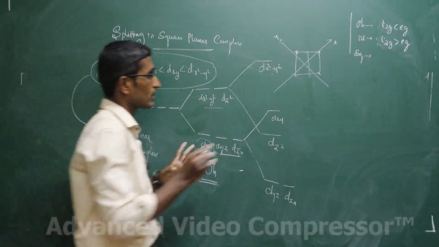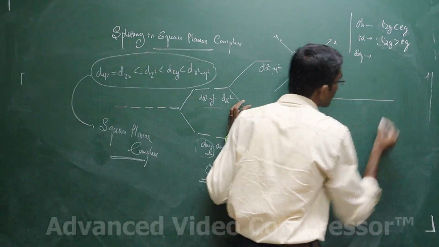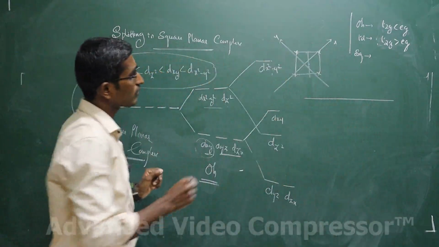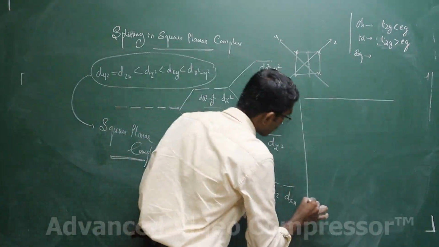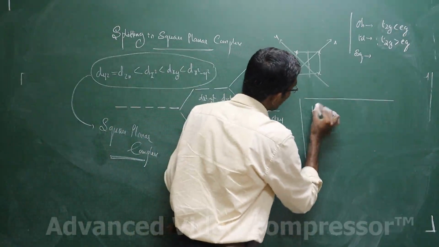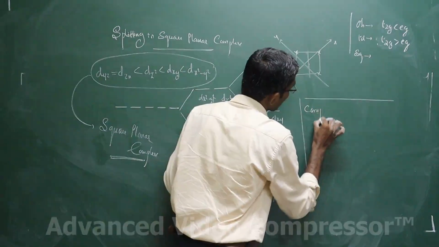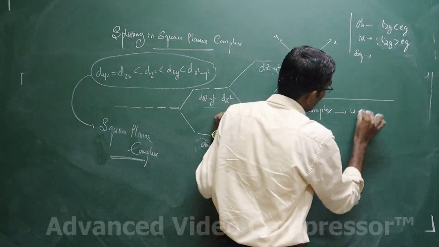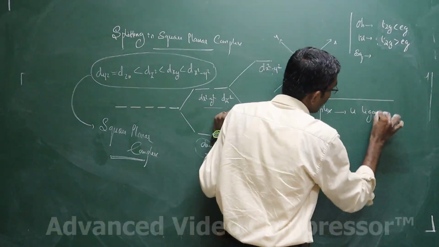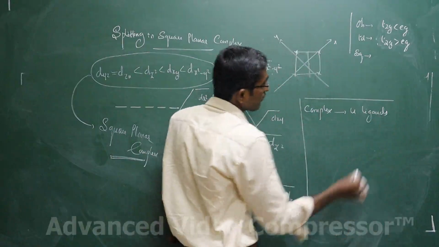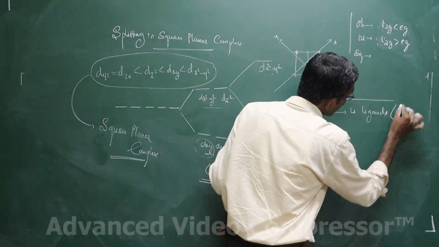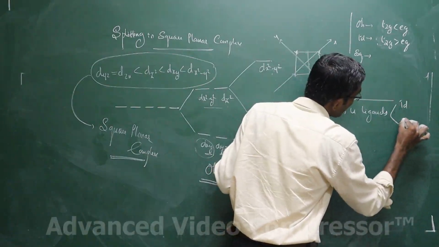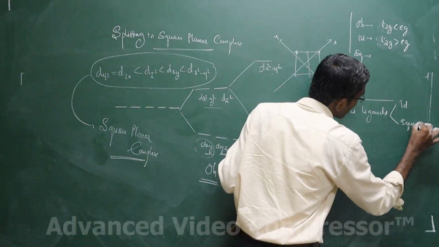Now coming to one more very important trick, students. You may be given a complex containing 4 ligands. As I already said, I will give you a small trick for this. When you have 4 ligands, it can be tetrahedral, or it can be square planar.